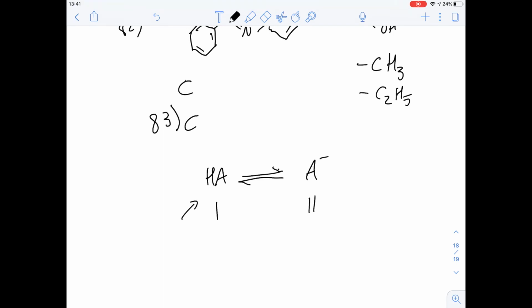And that means that 1 has to be the structure at a low pH, because this is the unconjugated form, and this is the dissociated form. So this will be present at a low pH, and this will be present at a high pH. And that straight away gives us our answer of A for 84. So that was questions 81 to 84.